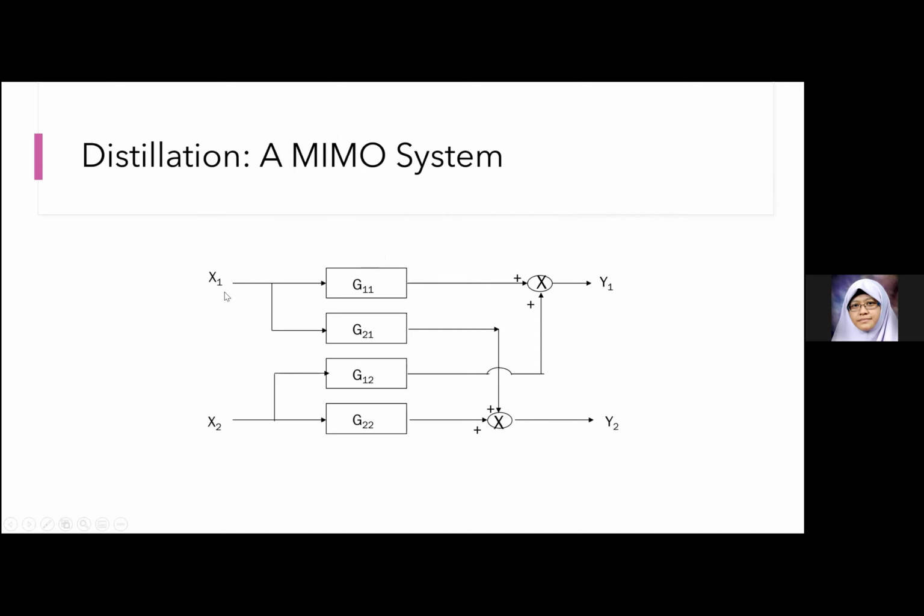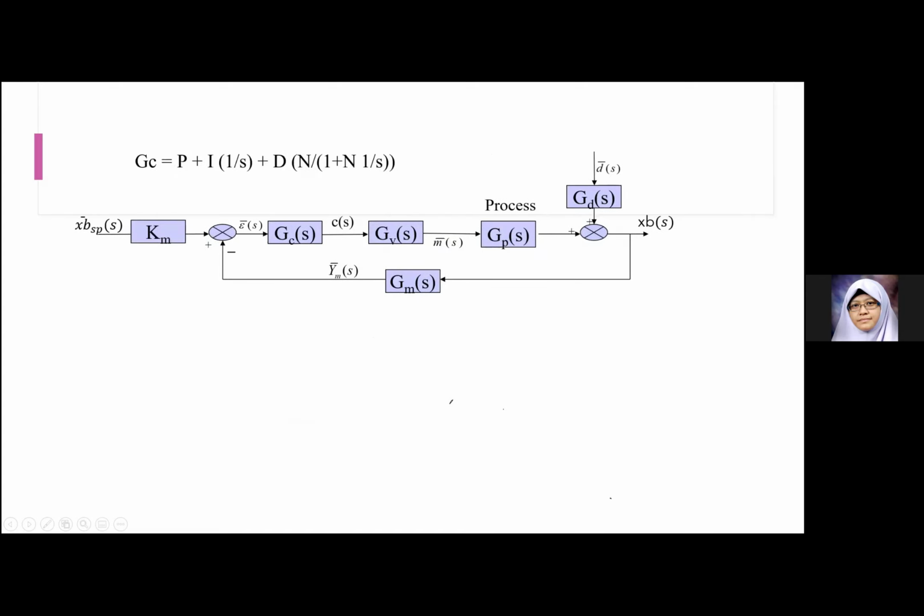So actually, in your case study, you have 2 inputs and 2 outputs, and this is part of a system. So when you change anything for the level, it will affect the level controller. Anything to do with the level controller will also affect the temperature. When you change anything with the temperature control, it will also affect the level. Okay, especially when it has to do with the flow rate.